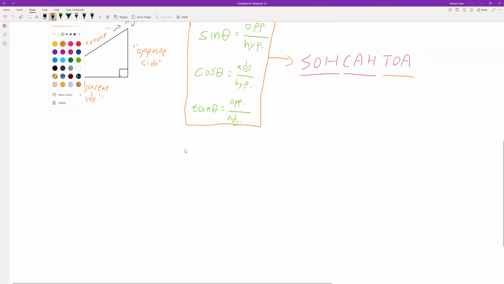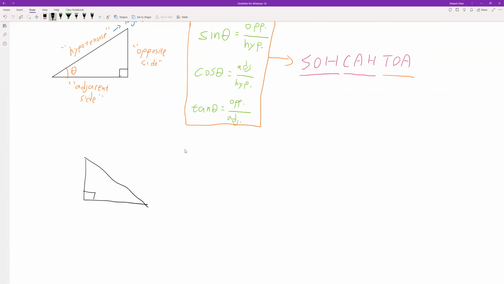Let's say I have a right triangle like that. And let's say the sides are 3, 4, and 5. And let's say our reference angle is right here. Now, the first thing we have to do is identify which side is which.